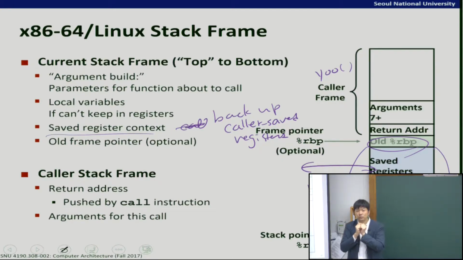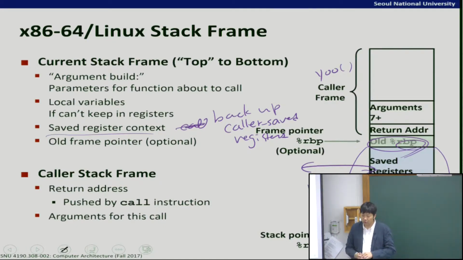Because the stack pointer is automatically updated when you hit a return instruction, but RBP must be manually recovered using a move instruction. So if you use RBP, then optionally you also store the old RBP value so that you can recover it when you return from the function.